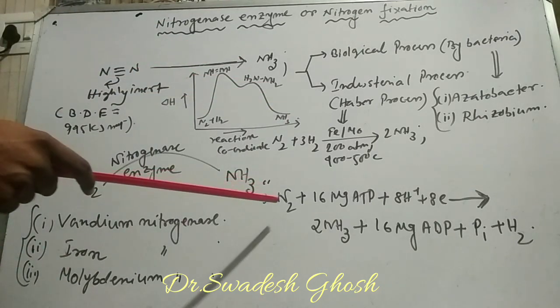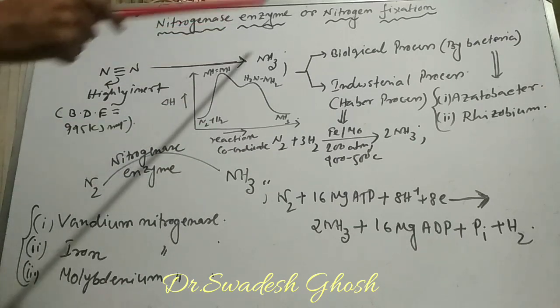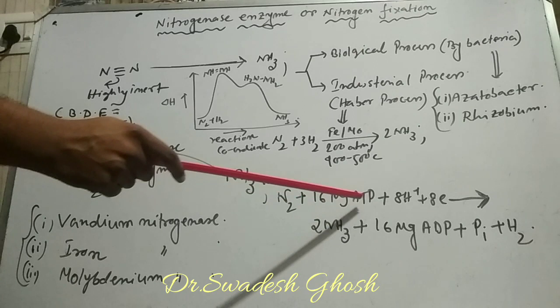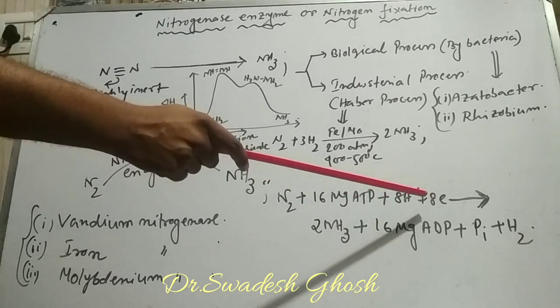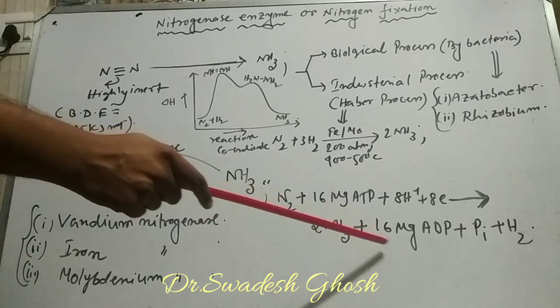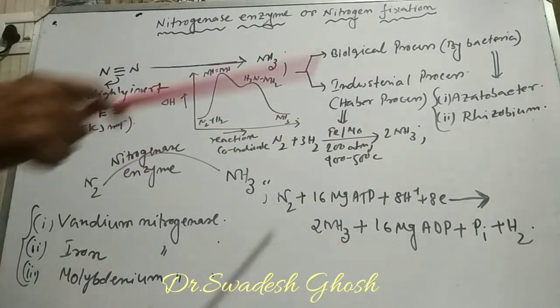The reaction involved in the nitrogen fixation process is: nitrogen plus 16 MgATP plus 8 H+ plus 8 electrons forms ammonia, ADP, Pi (phosphate), and hydrogen.